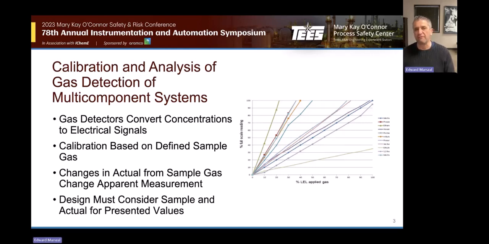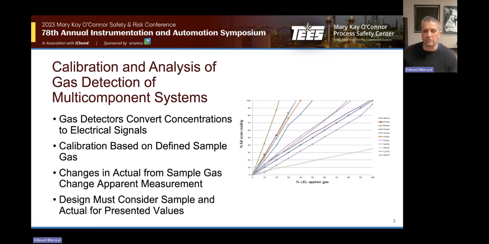But if you calibrate based on methane, but you're actually trying to measure propane, how does that affect the measurement? Because it's not a one-to-one correlation. You can't just say, well, this gas is flammable, that gas is flammable, we're all good. No, that's not going to be the case. And I'll show you what to do with that.